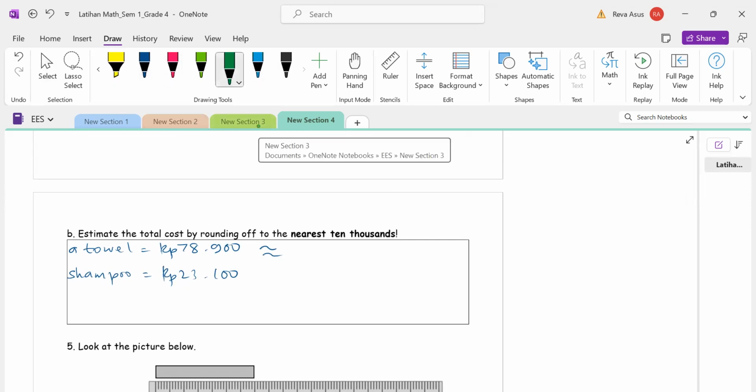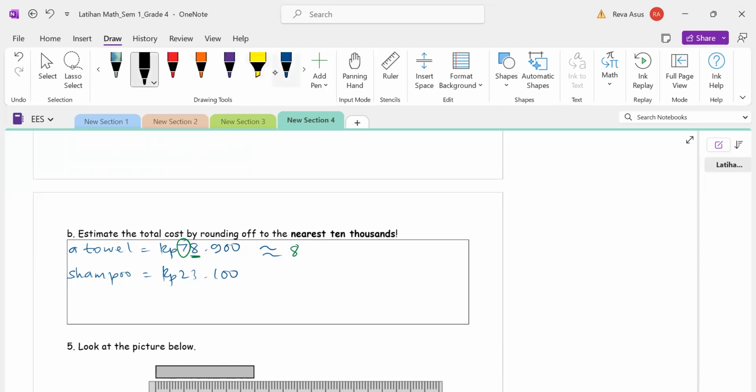The 10,000s digit for the towel price is 7. Do we need to round up the 7 or not? We need to round up. Why? Because after 7, we have the thousands. We have 8 in the thousands, which is more than 5. So 7 became 8. And then the 8 here becomes 0, and the 9 here becomes 0.